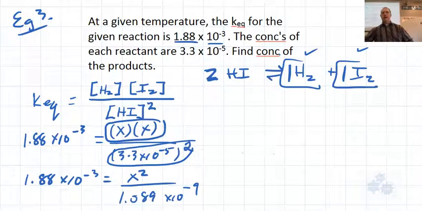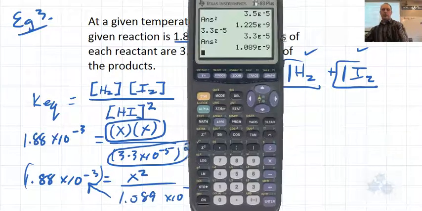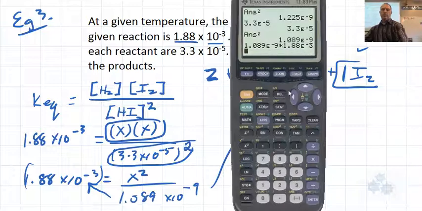Okay. And of course, we want to multiply these two together, right? So let's multiply 1.089 times 10 to the negative 9 times 1.88 times 10 to the negative 3. Make sure you use your scientific notation button. Okay.